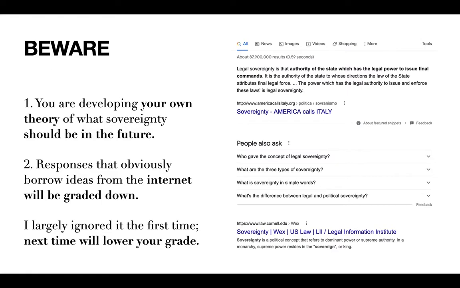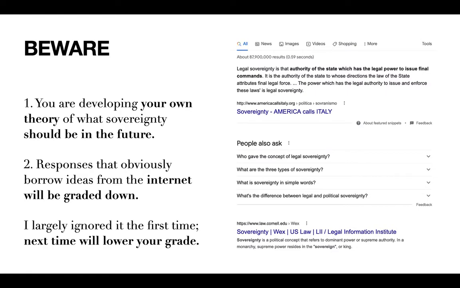So you'll see that the one that's in bold there, I noticed a lot of those answers early on in the semester. I don't want to see those answers because, first of all, it doesn't make any sense. Second of all, I have no idea who or what Americal Stali is. But you should think about, we're not looking for what sovereignty has meant over the last thousands of years.